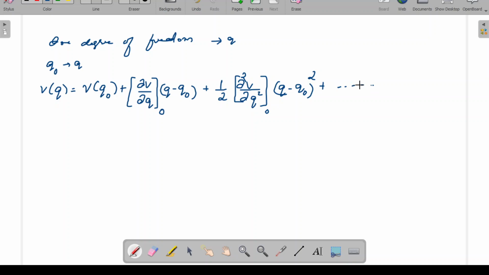Now look at this equation at equilibrium. So what happens at equilibrium? This is a general expression written about the equilibrium point.